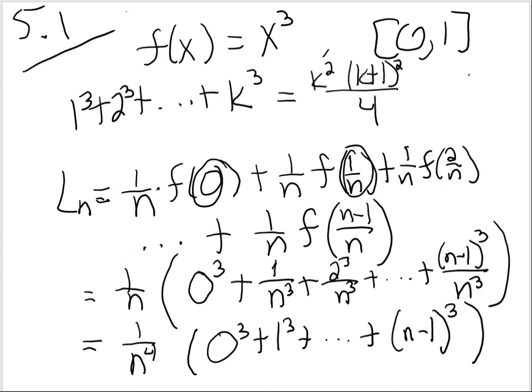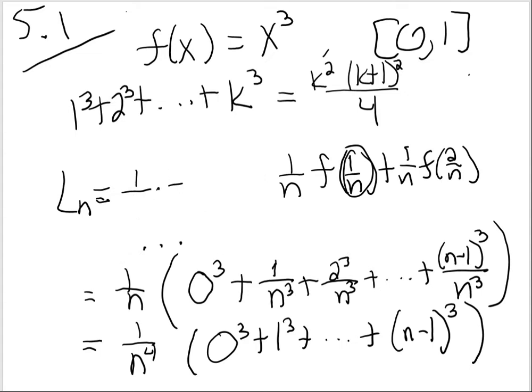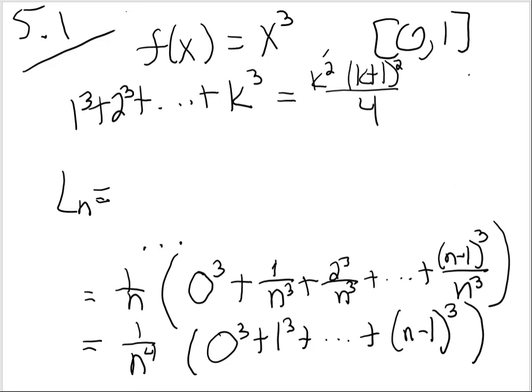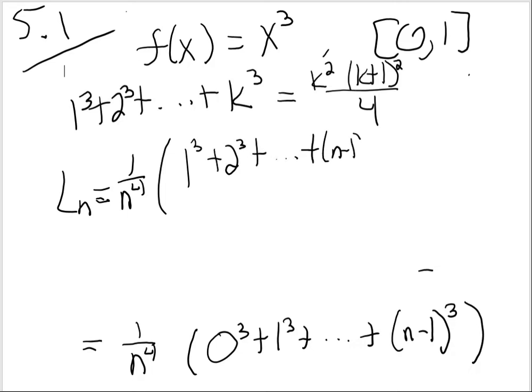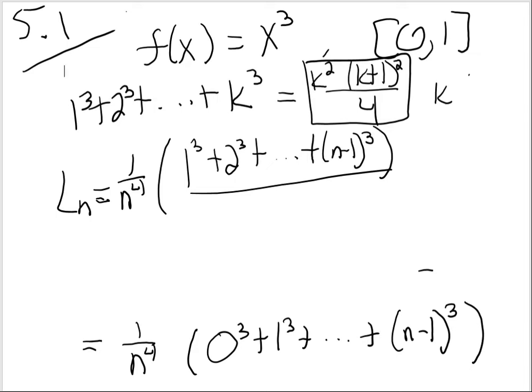Well, if we clear some space and write it for Ln, we have 1 over n to the 4th, and the 0 cubed is just 0, so this is 1 cubed plus 2 cubed plus all the way to plus n minus 1 cubed. This sum we can evaluate. We know it's equal to this thing, where k is n minus 1.